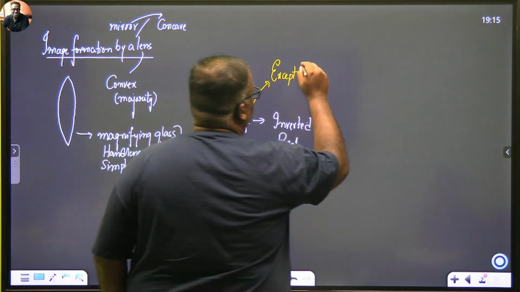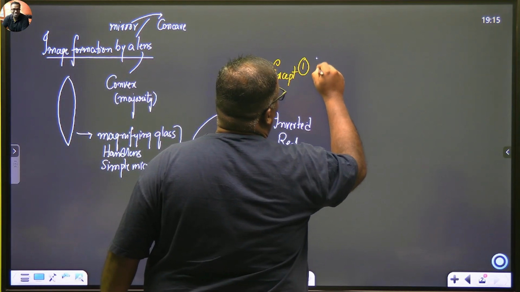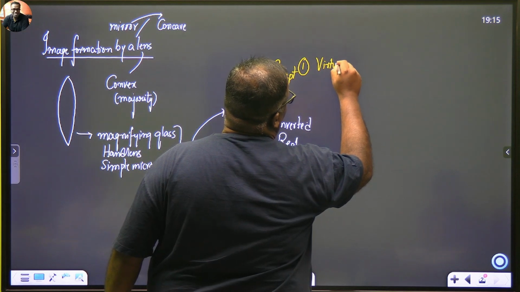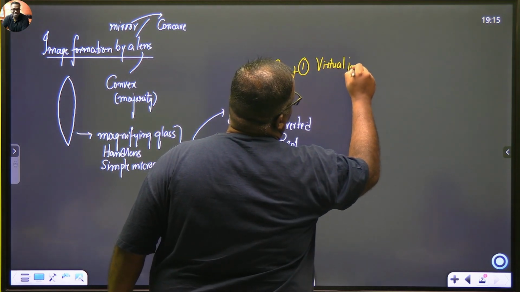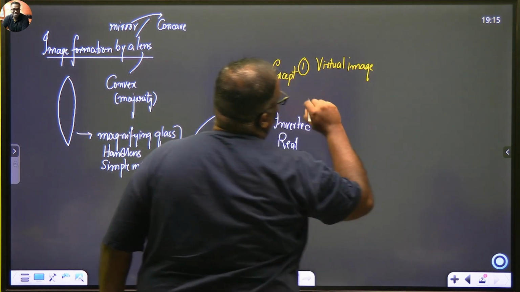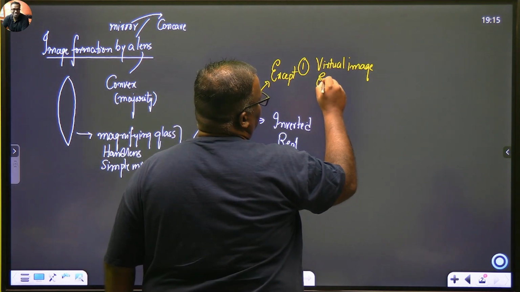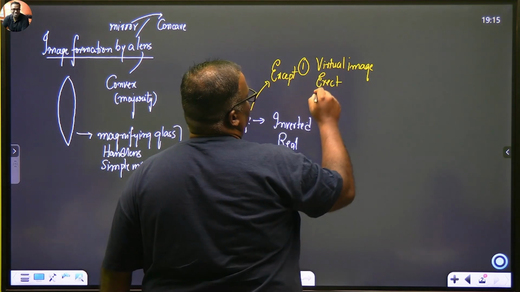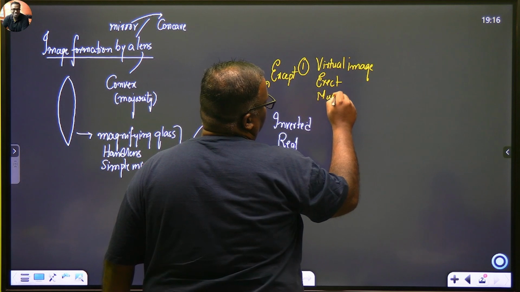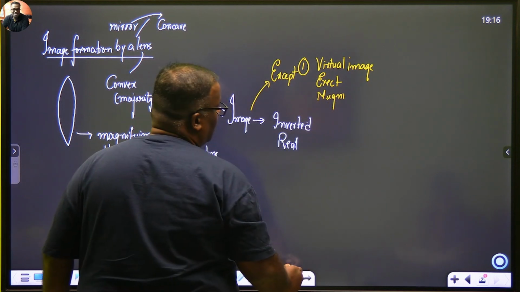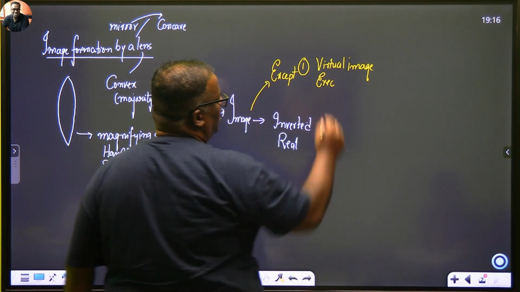And except one case means in this case you will be finding a virtual image and you will find an erect image. You will have all three combinations, and this will be magnified, or rather I should use the word enlarged.